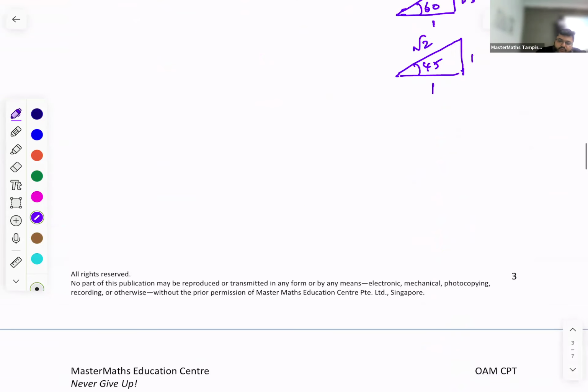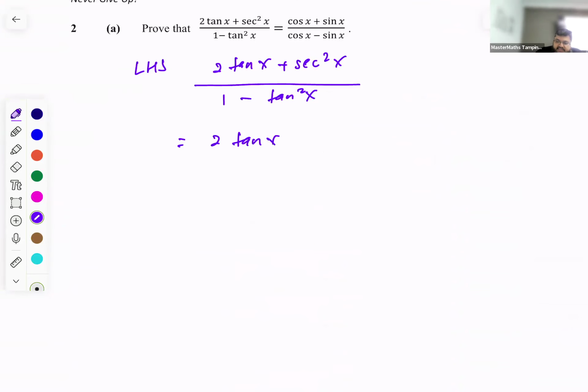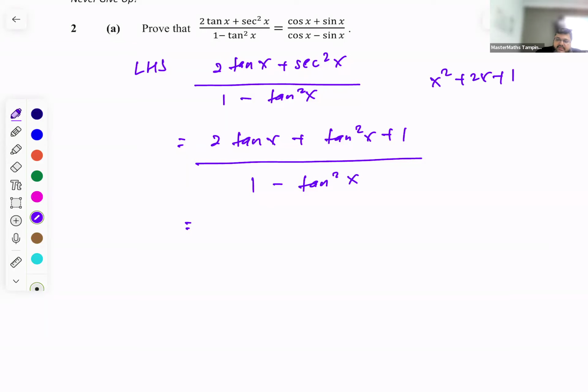So you have 2 tangent x plus tangent squared x plus 1, over 1 minus tangent squared x. Now the numerator is basically x squared plus 2x plus 1, which is actually x plus 1 squared.